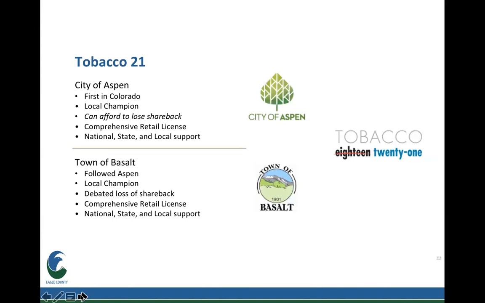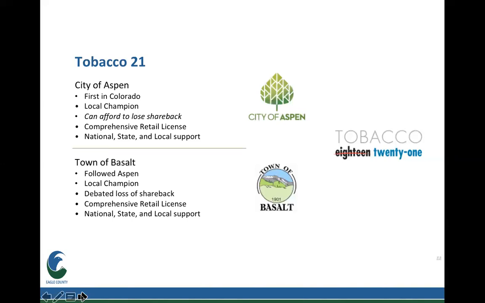The next town to take up this charge was Basalt, which is about 20 miles north of Aspen, and it's really the next incorporated municipality going north from Aspen. And the local champion there was a council member, Bernie Grauer, who had admired the work that was going on in Aspen and decided that their town of 7,000 some people should make a similar effort. And so we started at the end of 2017 with the ordinance work.